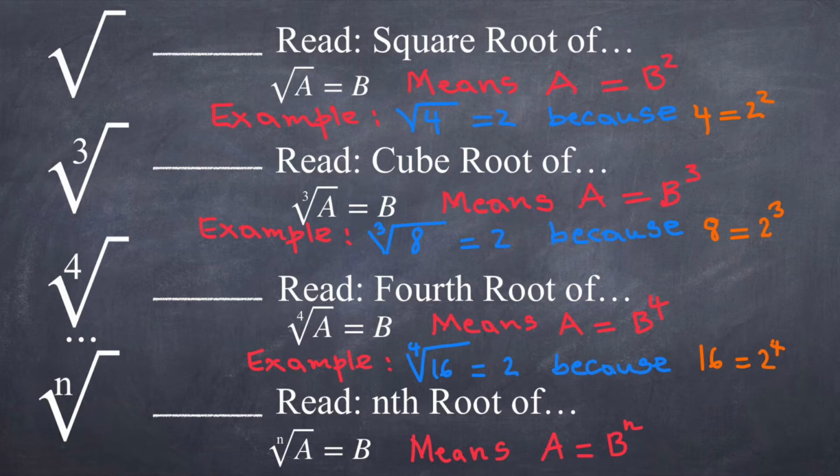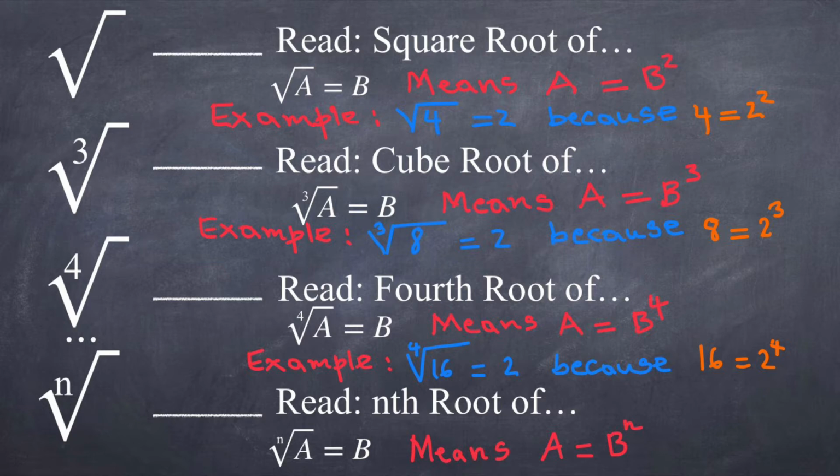A concrete example is the fourth root of 16 equals 2, because when you raise 2 to the power 4, it equals 16. And then you can keep going for any other number.